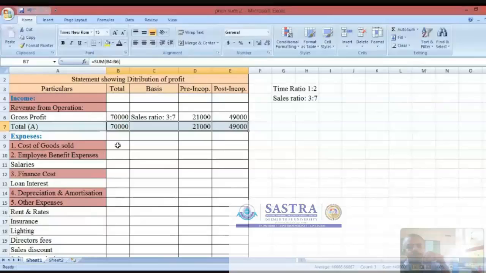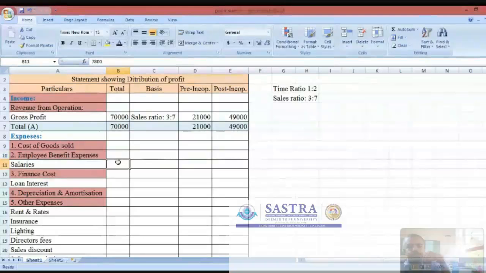Do you have any cost of goods sold? We don't have any, so we can leave it as it is. Employee benefits: in this sum, only salary is available. Salary will be based on the time ratio, since based on time the salary will increase or decrease.